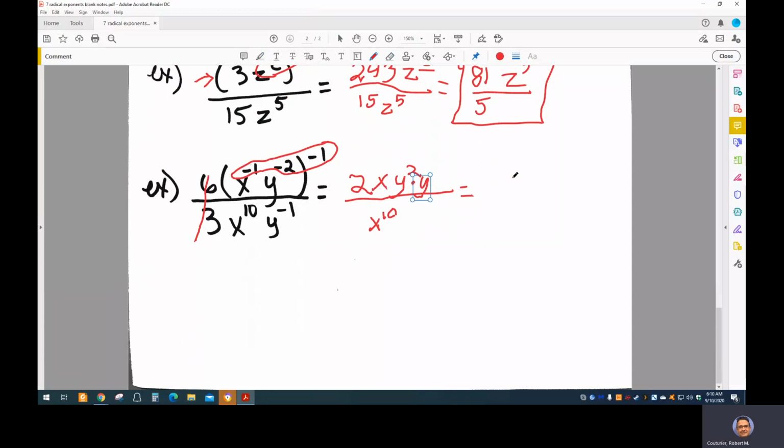And this is probably our final. So let's deal with these y's. y to the 2nd times y to the 1st, you add the exponents. We get y to the 3rd. And we're dividing, and the bigger exponent is down here, so we do all of our work for x downstairs. 10 minus 1 is 9.